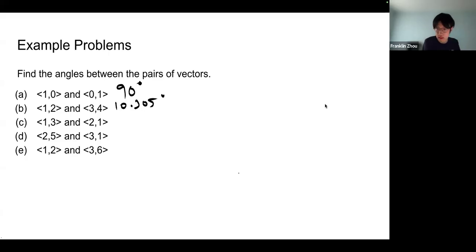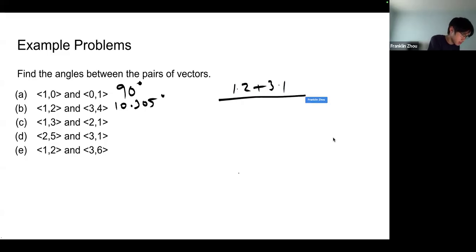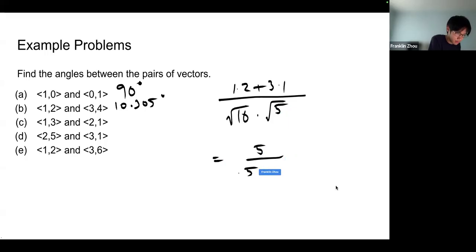The next one's actually kind of interesting. Anyways, the dot product is 1 times 2 plus 3 times 1, over root 10 times root 5. So this is equal to 5 over 5 root 2.